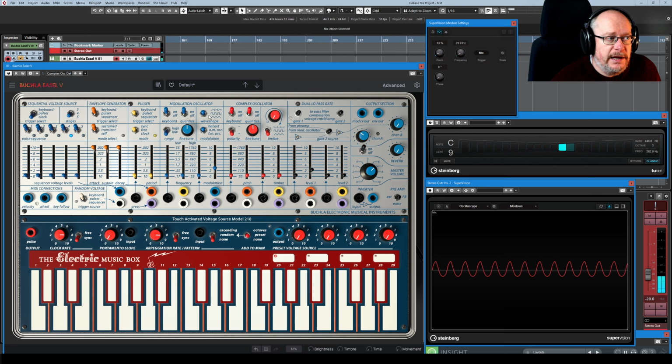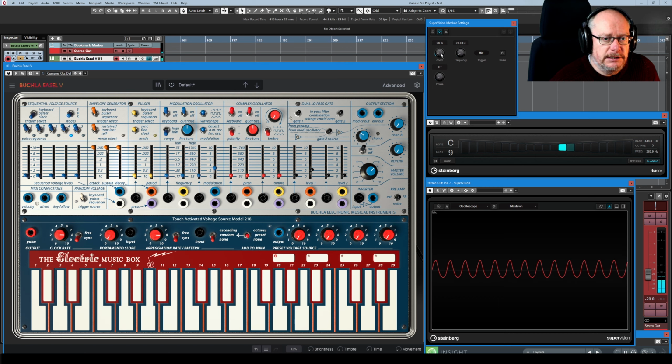We're in a square wave configuration here. You see, on, off, on, off. The square wave of the modulation oscillator is modulating the complex oscillator's volume, the amplitude. Turn it up a little bit.